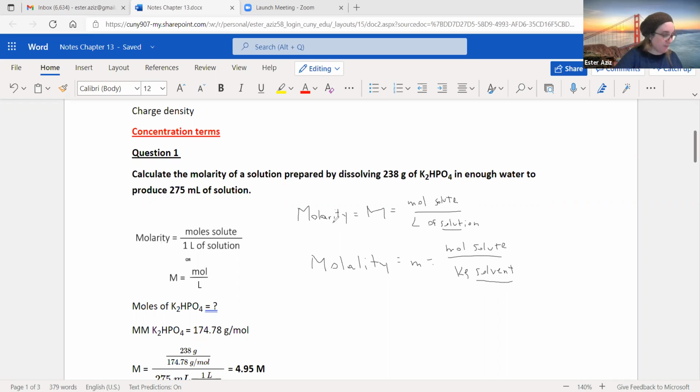Let me see what else. We have a couple more, like mole fraction or mass percent. Let's just talk about mole fraction. Another term of concentration is called mole fraction. It's symbolized by a Greek chi, like that.